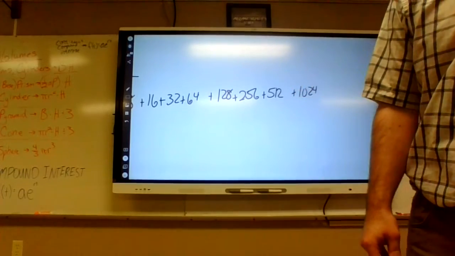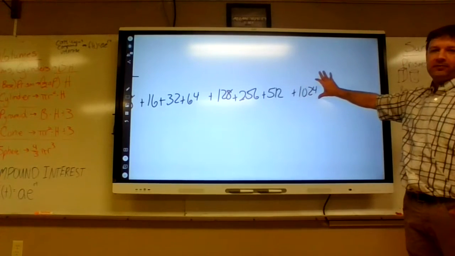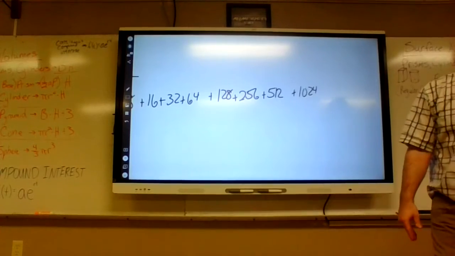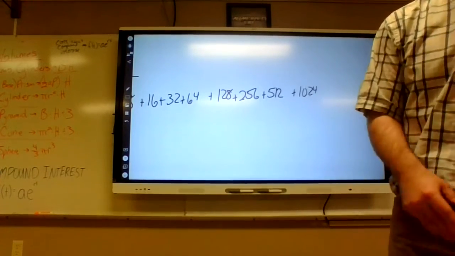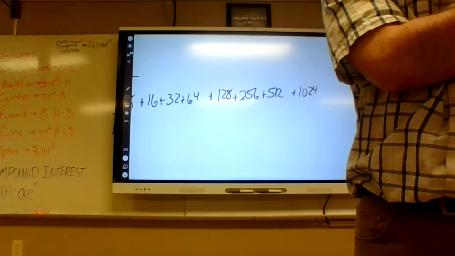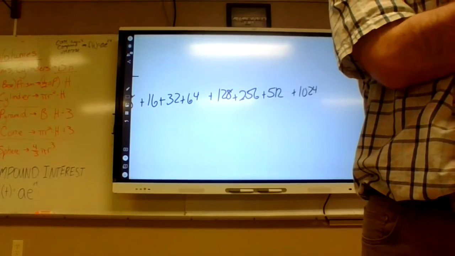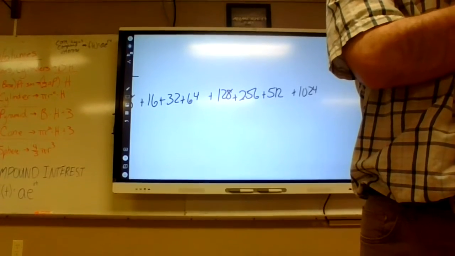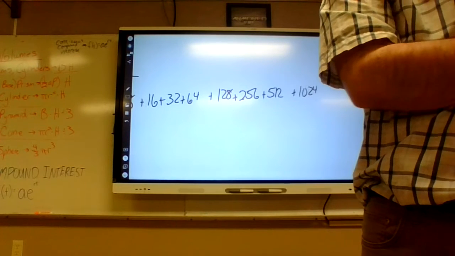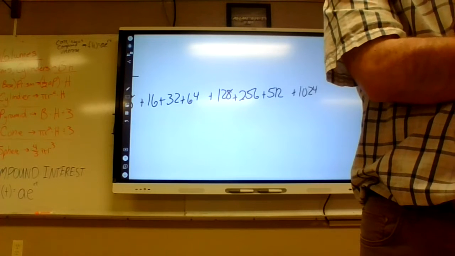Wait, if you did 1024 times 2, you get 2048. I probably put something in wrong. Oh, I did do something wrong. He said, no, the book says 2046. Yeah, 2046.